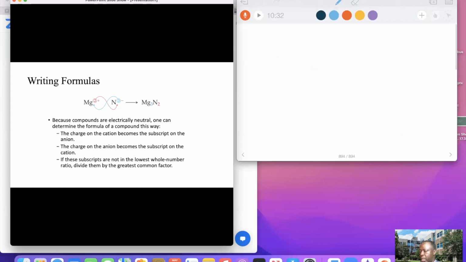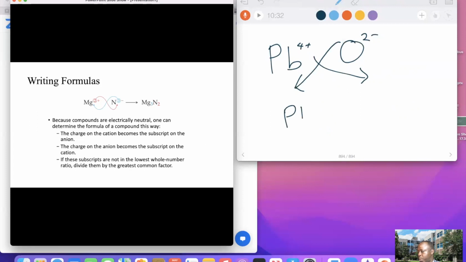For lead, let's say lead 4. We have lead 4 positive and oxygen 2 negative like that. If I bring down this, bring down that, this will be Pb. There is a 2 from oxygen, and here there is 4 from lead. I can still divide this by 2.